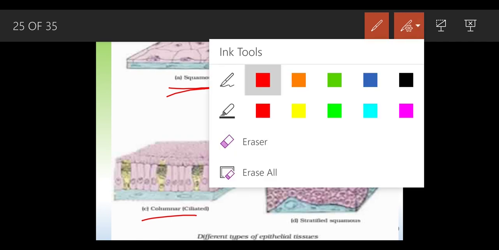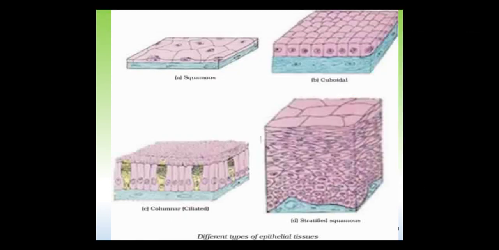If you look at this diagram perfectly, you will notice there are only small boxes, so that is why it is called cuboidal, and columnar cells take the shape of a building, so that is why they are called columnar. And as they have the hair-like structure on the top, they are also called ciliated columnar tissues.